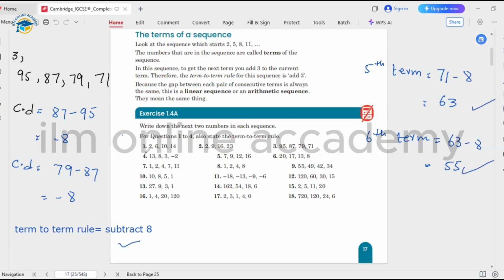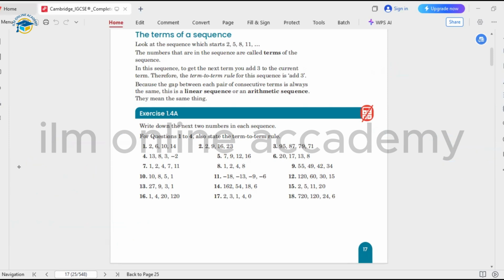Okay, now check the fourth question. This is again a decreasing sequence because the terms are decreasing, and somehow we have a negative number as well. Let's find out how we are going to find the next terms of the sequence. For part number 4, we have 13, 8, 3, negative 2.